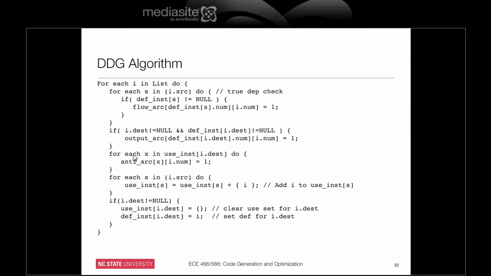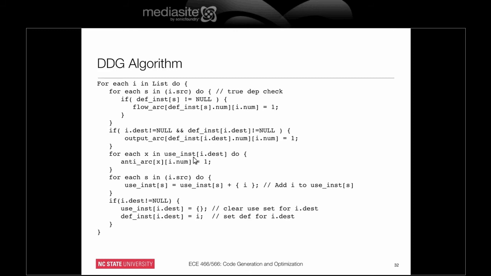Now, if this instruction we're currently analyzing defines a register, then that means there would be an antidependence from those previous instructions to our current instruction.